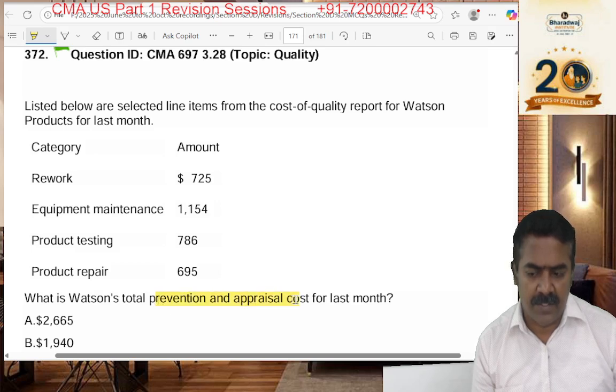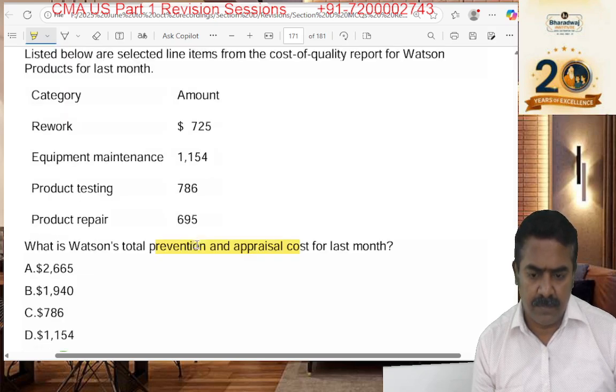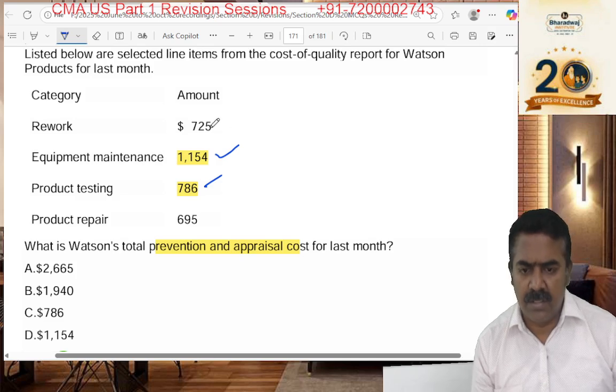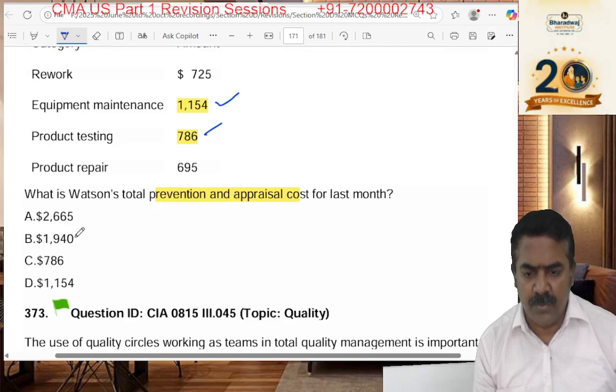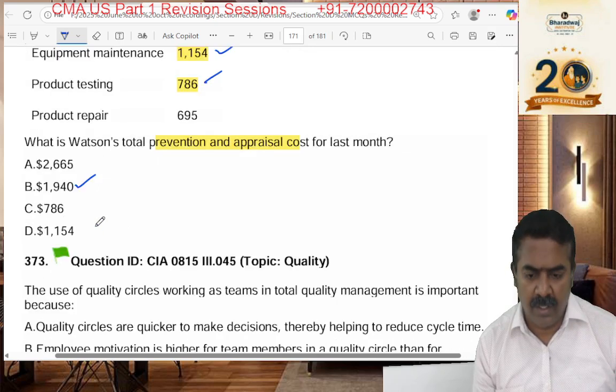Prevention and appraisal cost they ask. Equipment maintenance and testing. Rework, repair and all. Rework is, of course, internal failure cost, repair is external. So answer is 1940. Yes, sir. 1940.